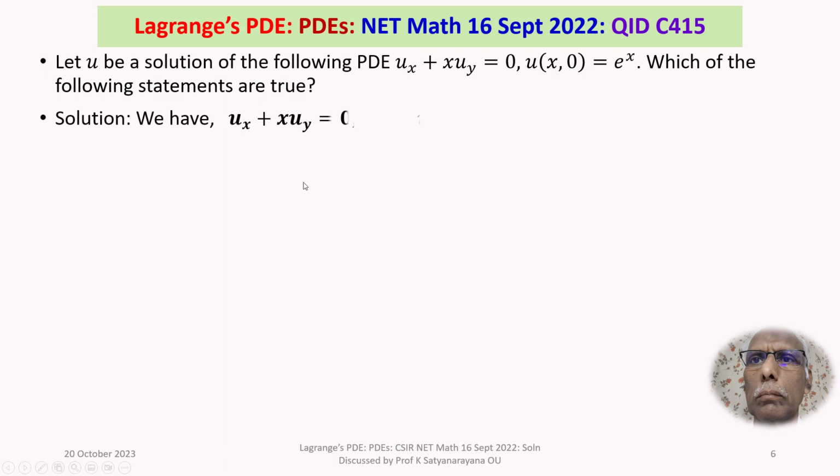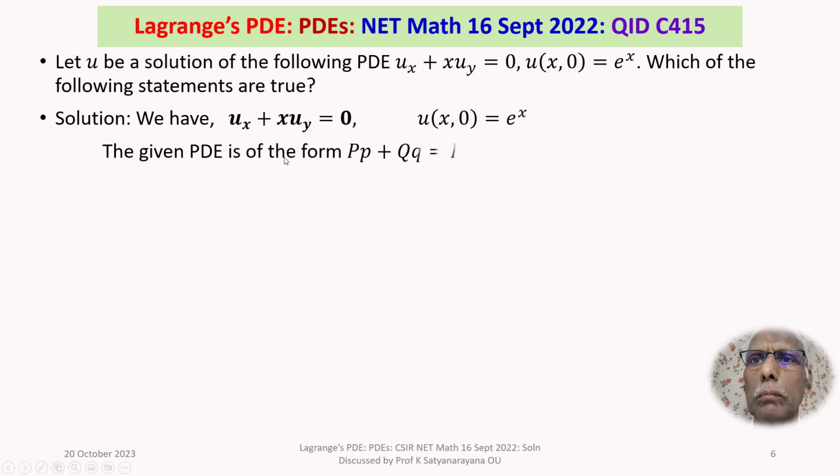We have the partial differential equation u_x + x u_y = 0 with the boundary condition u(x, 0) = e^x. This is a partial differential equation with the dependent variable u, and the independent variables are x and y.